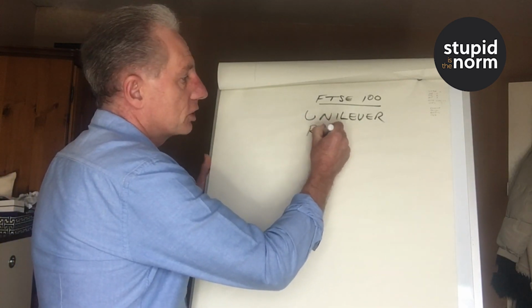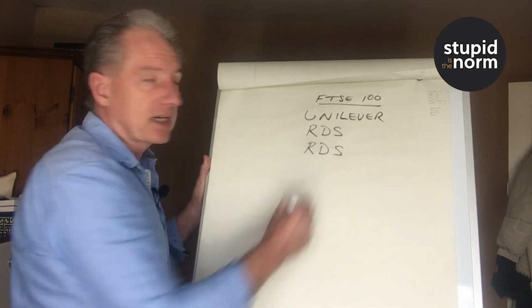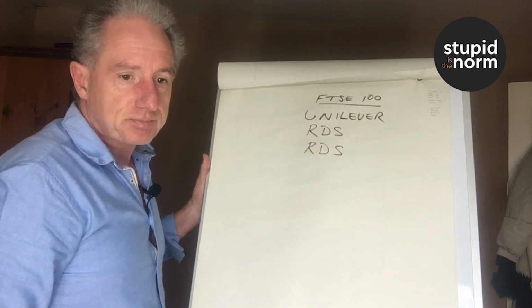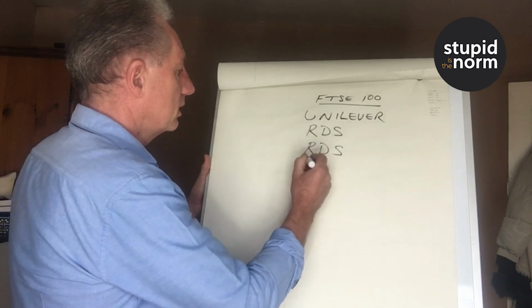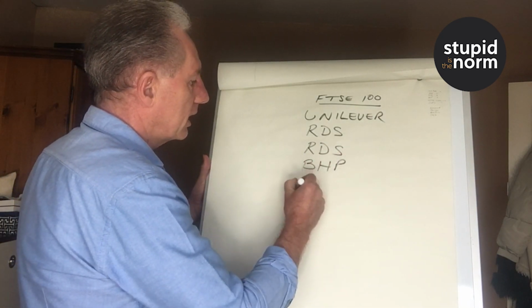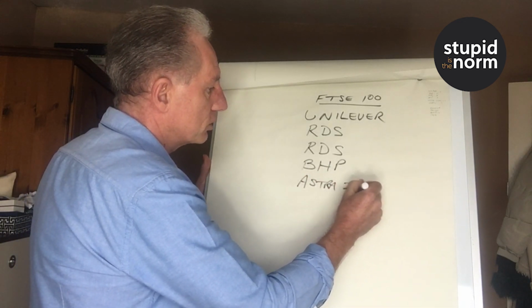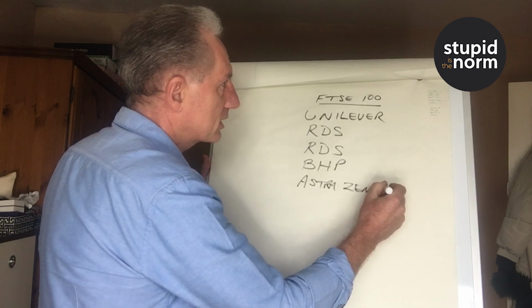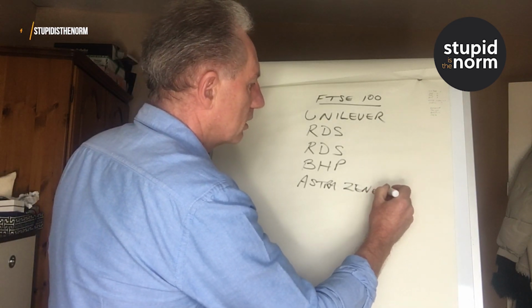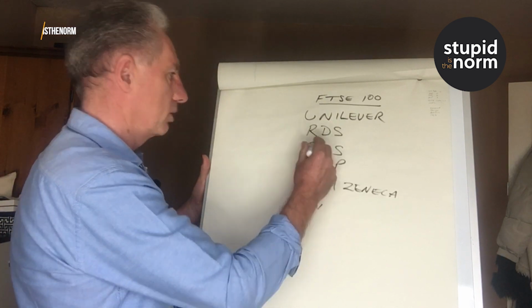In fact, Royal Dutch Shell is split into two different companies, and they lie currently second and third in terms of market cap. The next one is BHP, and then AstraZeneca, which has just become more famous due to its COVID vaccine, and HSBC. We'll just use the top 1 to 6 of them.